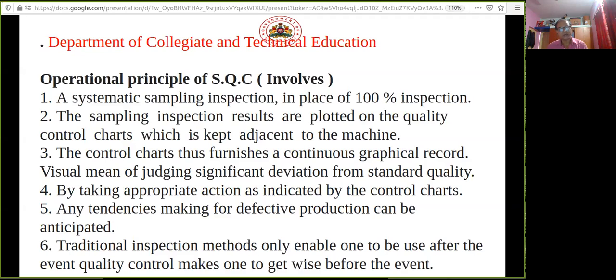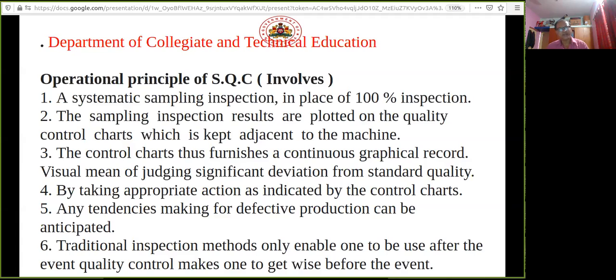These control charts are nothing but the statistical data that has been collected and condensed in the form of a control chart, and these charts are kept adjacent to the machines. The charts will help the operator to control the process.